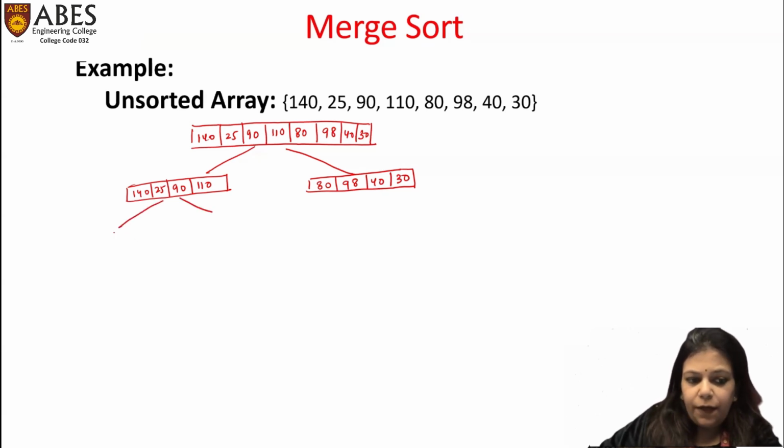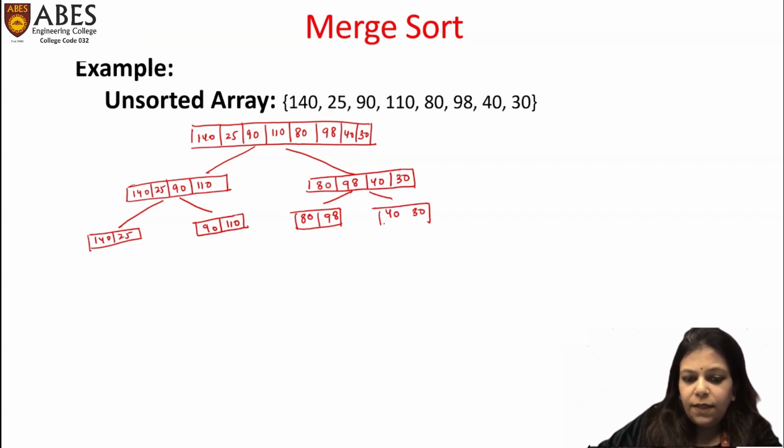Again, this will be divided into two smaller parts having 2 elements each. This will have 140 and 25, and this will have 90 and 110. And again, here we will have 80 and 98. And the another array will have 40 and 30.